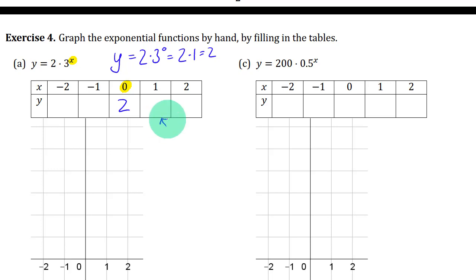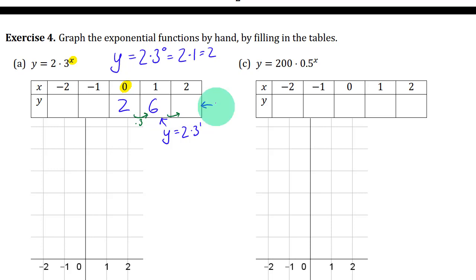Now here for the 1, we're going to get y is equal to 2 times 3 to the power 1, which is just 2 times 3, which is 6. And this agrees with the fact that 3 is the growth factor. To go from 2 to 6, you multiply by 3. And here we want to multiply by 3 as well.